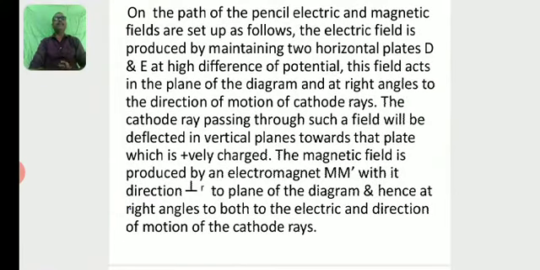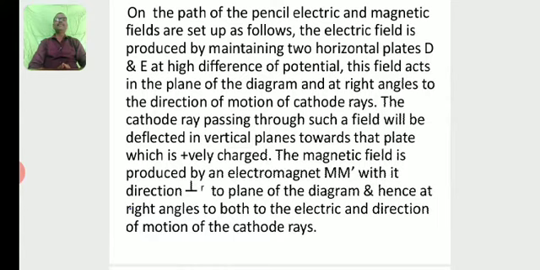On the path of the pencil, electric and magnetic fields are set up as follows. The electric field is produced by maintaining two horizontal plates, D and E, at a high difference of potential. This field acts in the plane of the diagram and at right angles to the direction of motion of the cathode rays. The cathode ray passing through such a field will be deflected in the vertical plane towards that plate which is positively charged.